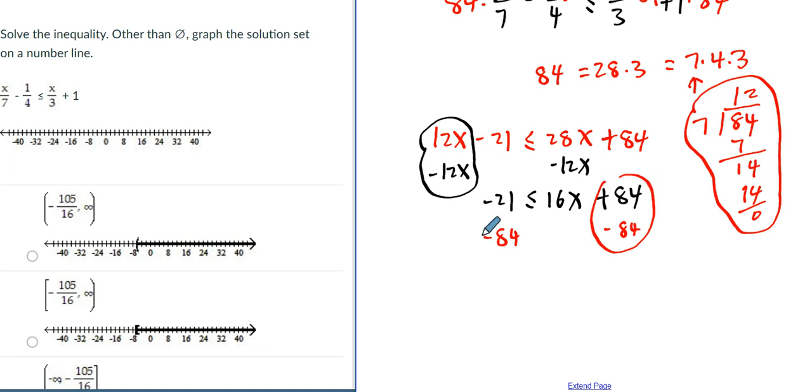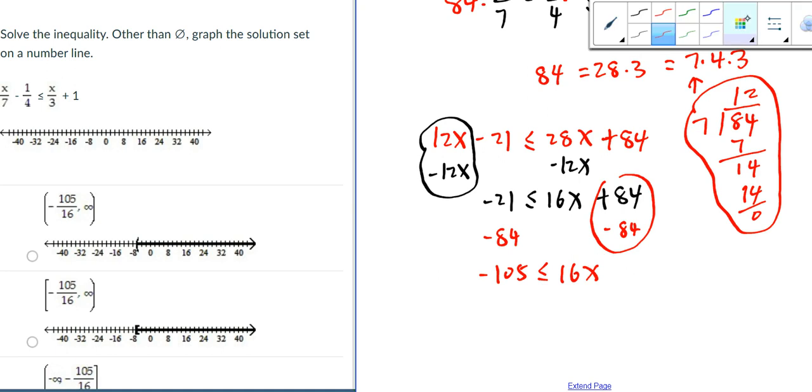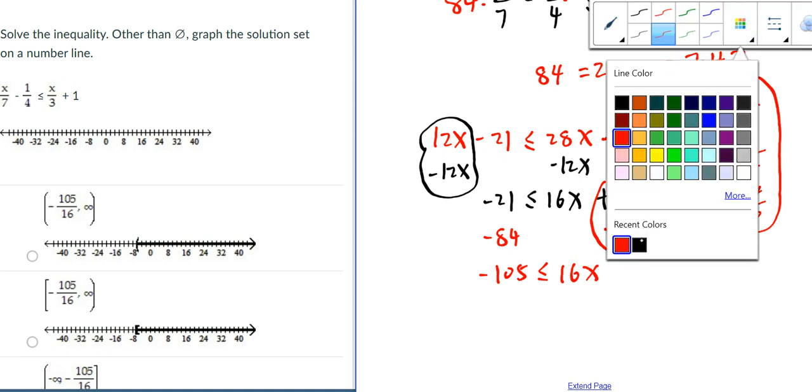Shift it to the left, change the sign. Now you have negative 21, and here is negative 84. Gives us negative 105, less than or equal to 16 times x. Okay, one more step. We are done.